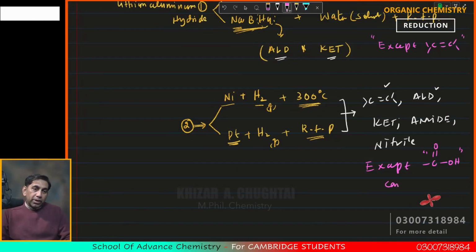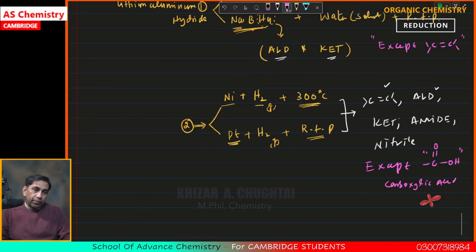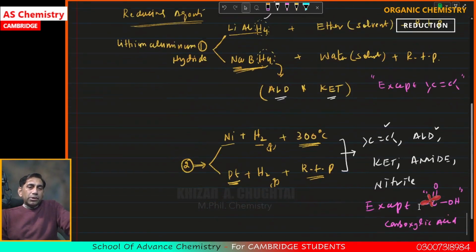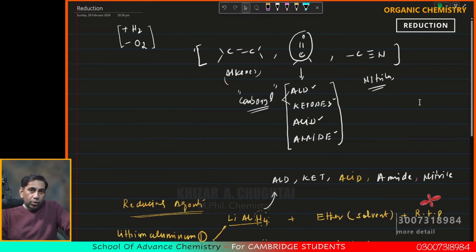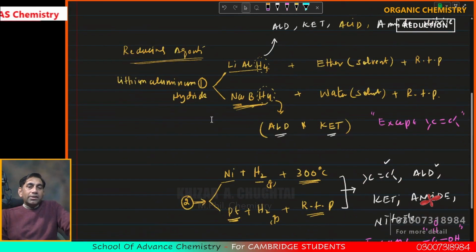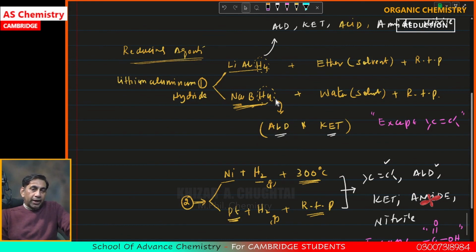It's a carboxylic acid. Yes. So they cannot reduce carboxylic acid. They can reduce all the functional groups that I wrote over here initially, other than carboxylic acid. And same is the case with the lithium aluminum hydride group, sodium borohydride.